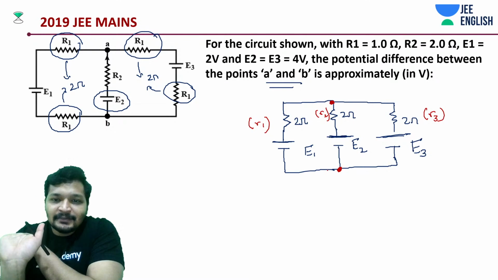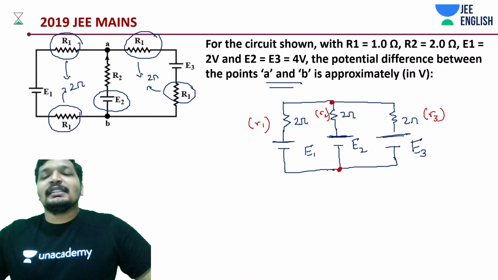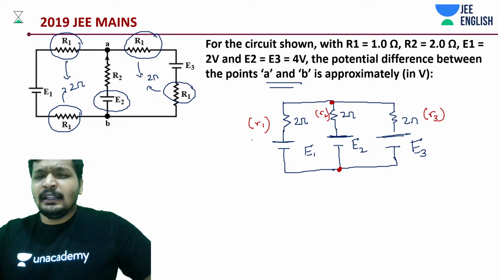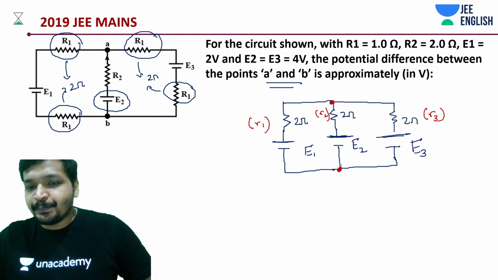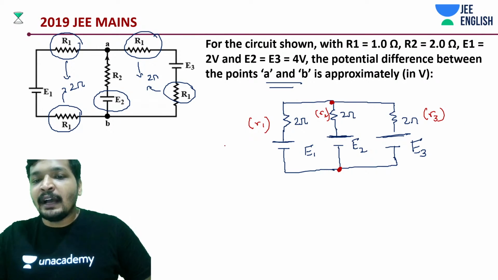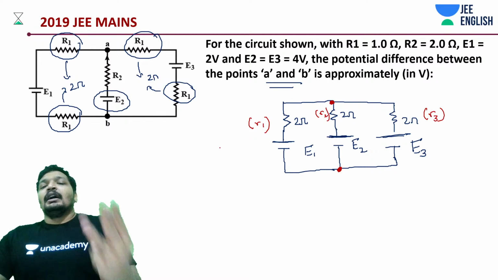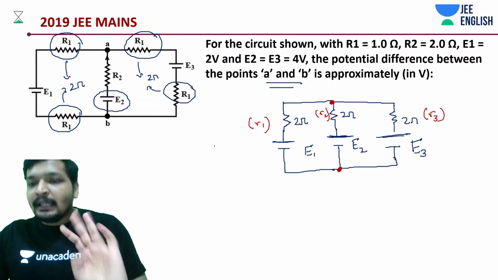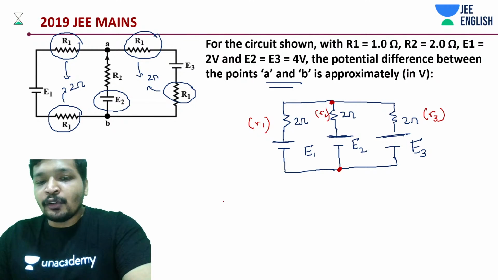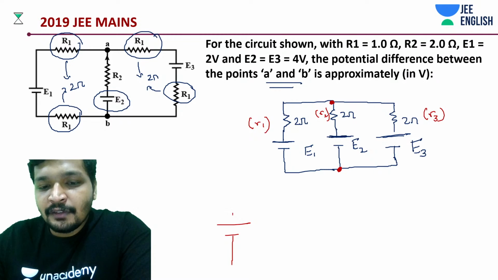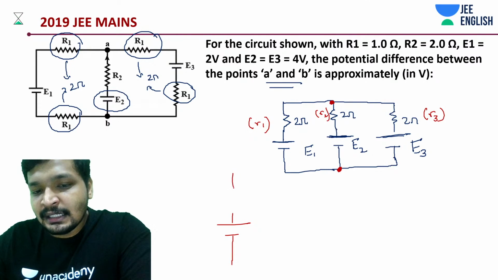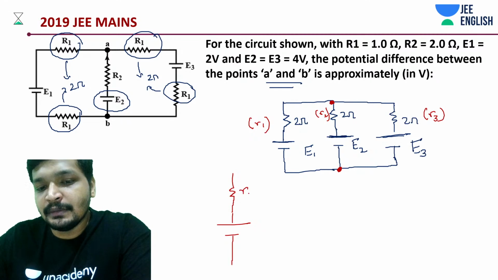Now let's focus on this. What is the net EMF across A and B? I'm trying to have 3 batteries in parallel with some resistance, and find an equivalent battery, like a net EMF with some equivalent resistance. The resistances are in parallel combination, so you take R parallel.